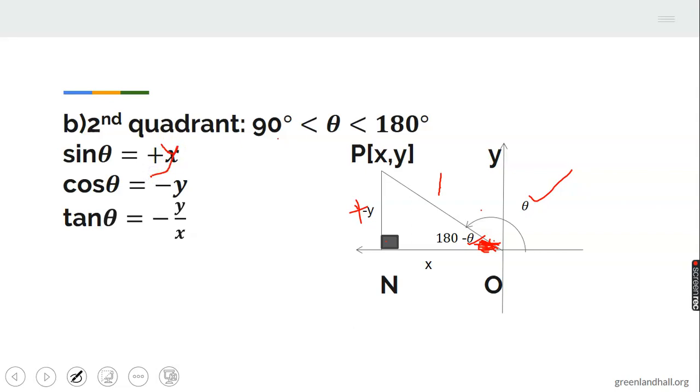And for cosine here, x is negative, this x is negative, adjacent over 1 is going to give us minus x. So sine is positive, cosine is negative. And lastly, tangent, which is opposite over adjacent for this angle, is going to give me plus y over minus x, that is minus y over x.